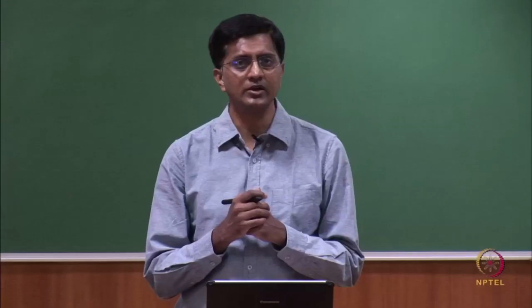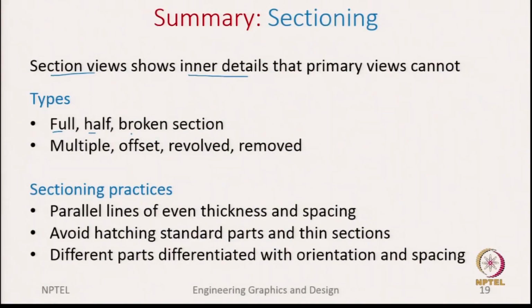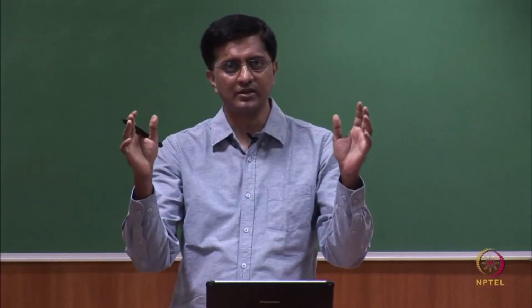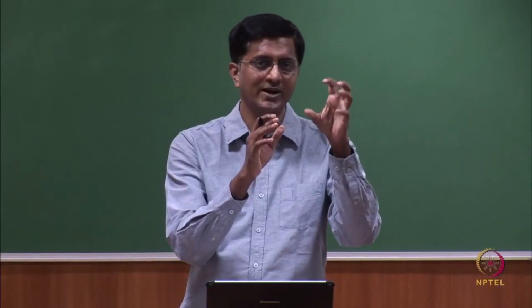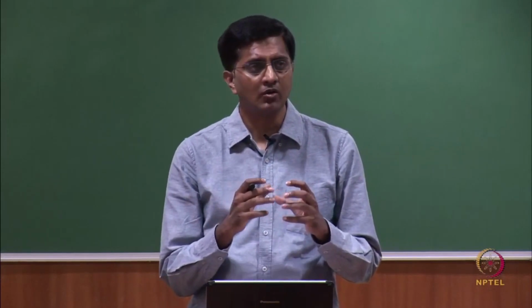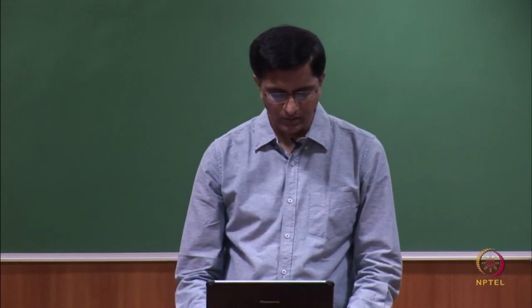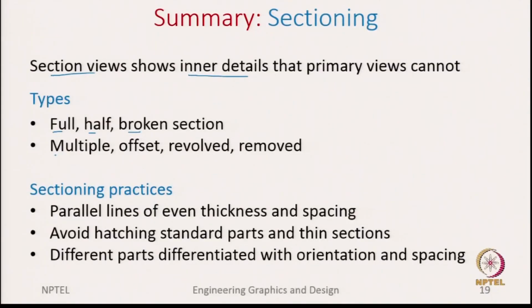And then we also looked at different kinds of sectioning, like half section, full section, broken section, where we are either showing the full section or only half of it, or maybe partially at a corner of the part. It all depends on what kind of features you want to show. We also talked about multiple sections, where each section needs to be designated with its own reference letters, like AA, BB and so on.